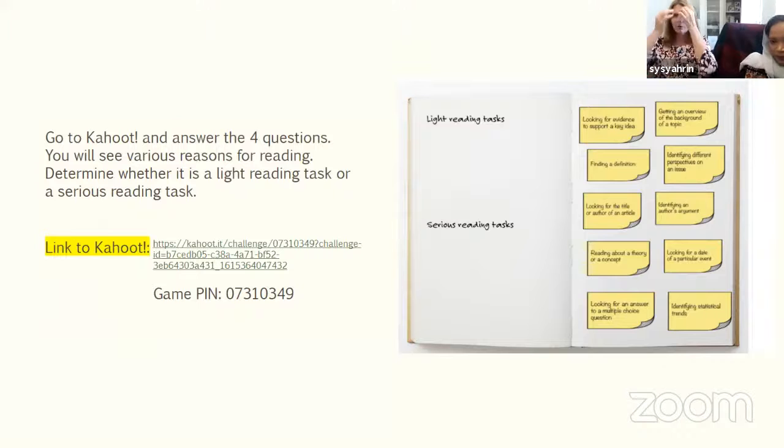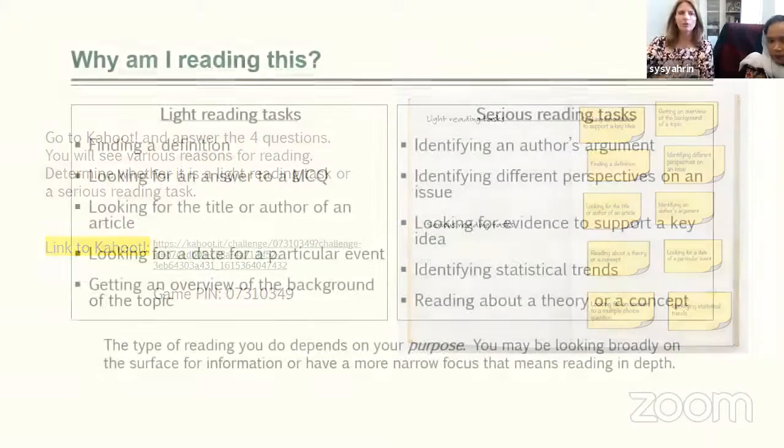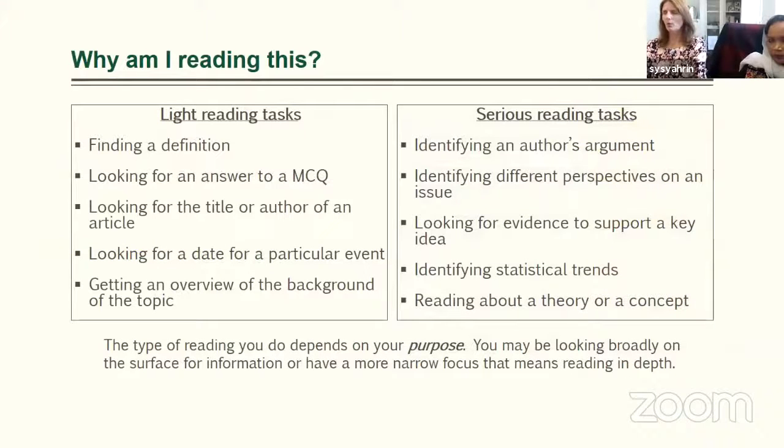Now that we've looked at some of these light and serious reading tasks, we want to figure out what type of reading depends on our purpose. Some light reading tasks include finding a definition, looking for an answer, the title or author of an article, looking for a date, or getting an overview of the background of the topic.